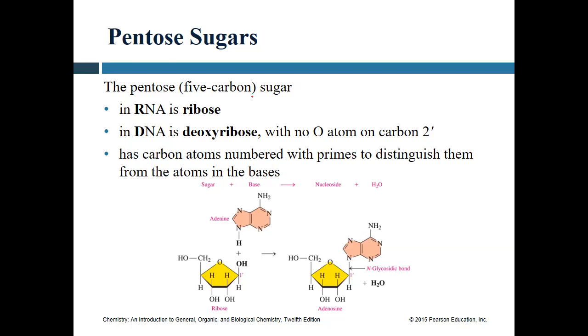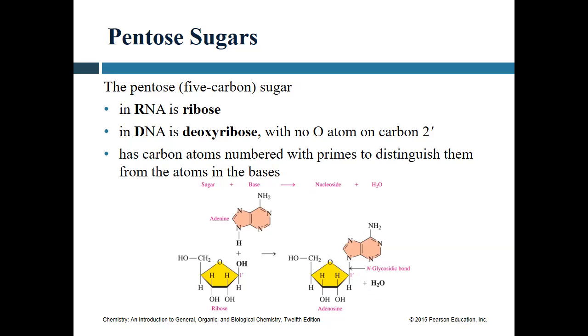So the reactions that take place to turn this sugar, ribose, and this base into what is called a nucleoside, we're going to be doing another reaction where we have water as a byproduct.